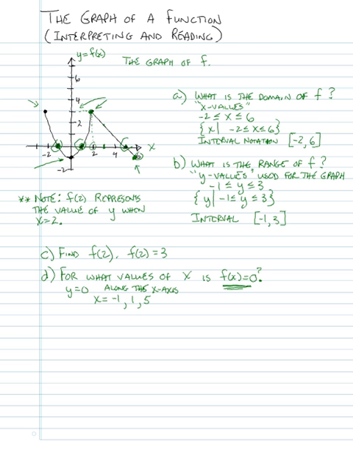That is, f of -1 is 0. That is, when we put an x value of -1 into the function, the y value we have is 0, or that point is on the graph. Likewise, f of +1 is 0, and likewise f of 5 is 0.